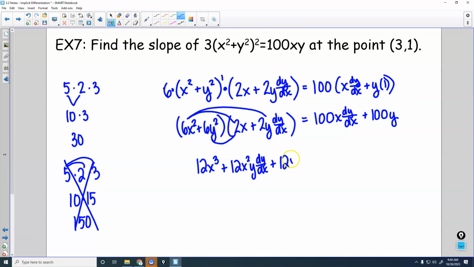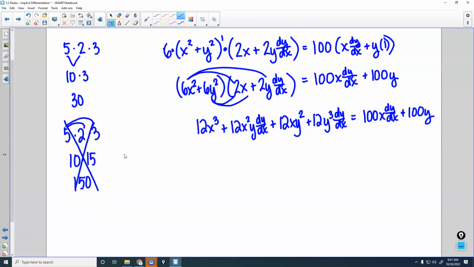Plus 12xy squared plus 12y cubed dy dx equals 100x dy dx plus 100y. So we got a lot going on here.